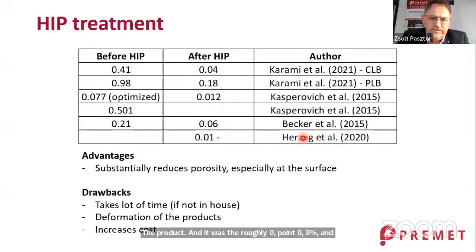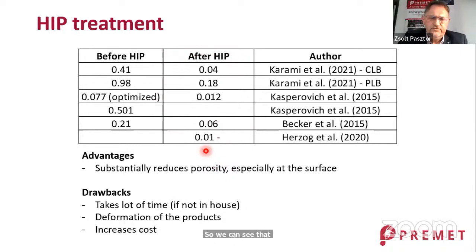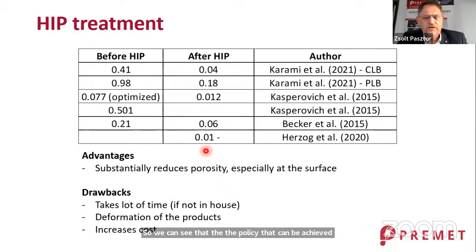Certain authors even reached lower porosities like 0.01%. So we can see that the porosity that can be achieved by HIP treatment is close to zero, but doesn't reach exactly zero, at least according to the scientific literature that I have found.